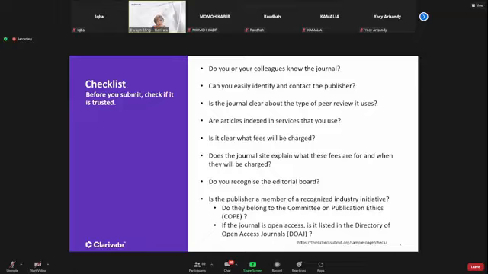Within those websites, you are able to check whether those publishers are members. A lot of the established publishers, for example Wiley, Springer, Nature, belong to the Committee on Publication Ethics.